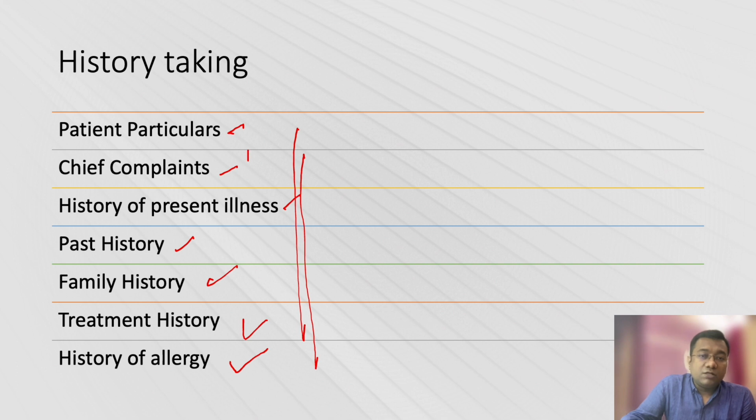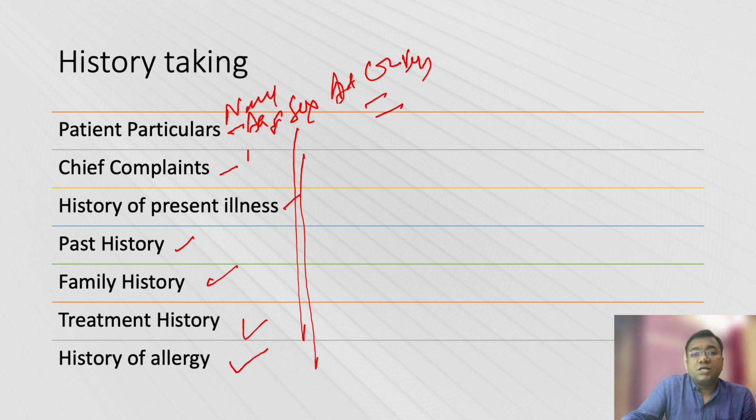In patient particulars: name, age, sex, address, occupation, religion, date of admission, date of examination, and MR number or bed number. That completes our history taking initial part.